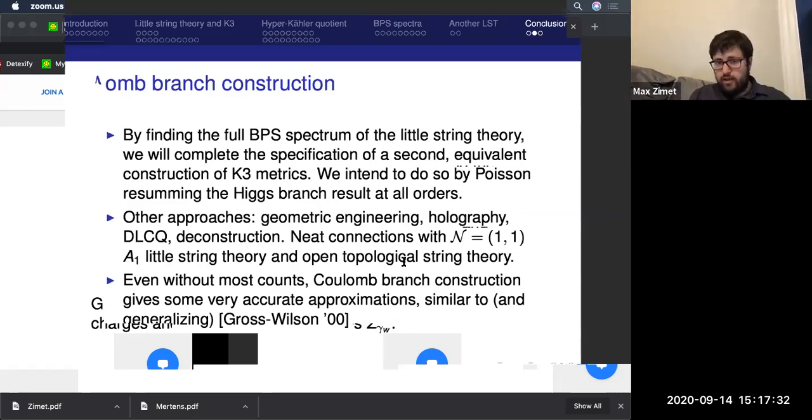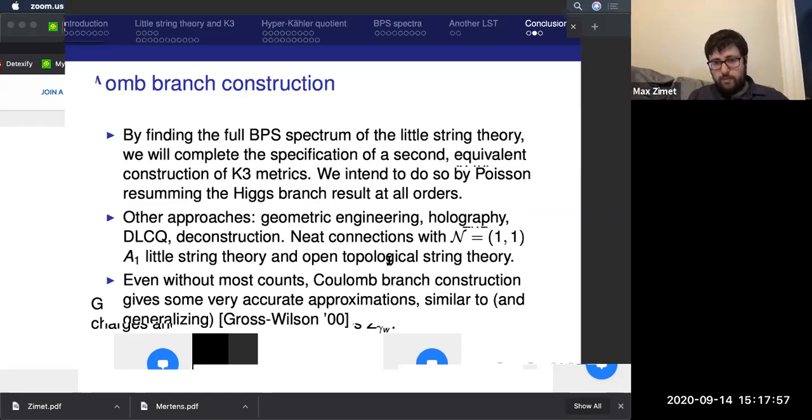Here, the idea is just it's a real version of Noether-Lefschetz theory, where if you're interested in the open string Gromov-Witten theory of K3, you can attack that by studying K3 fibered threefolds and study the open string Gromov-Witten theory of those threefolds instead.